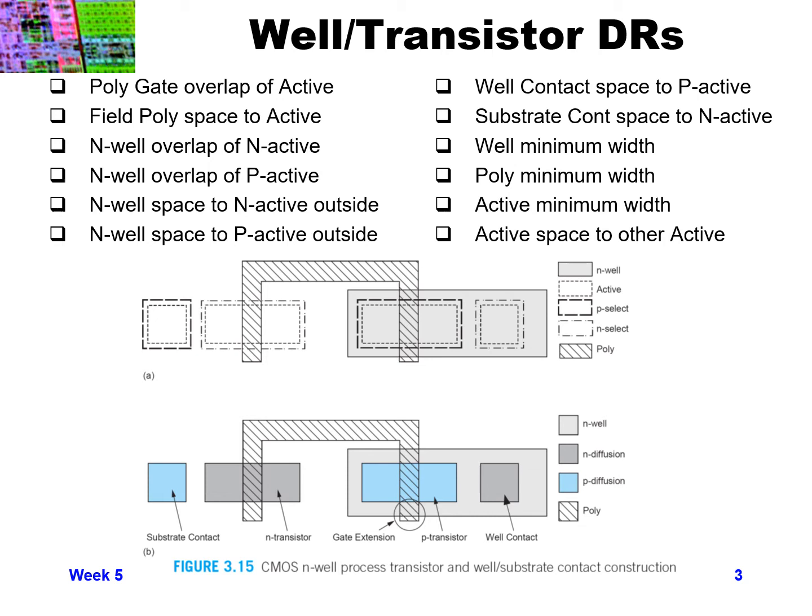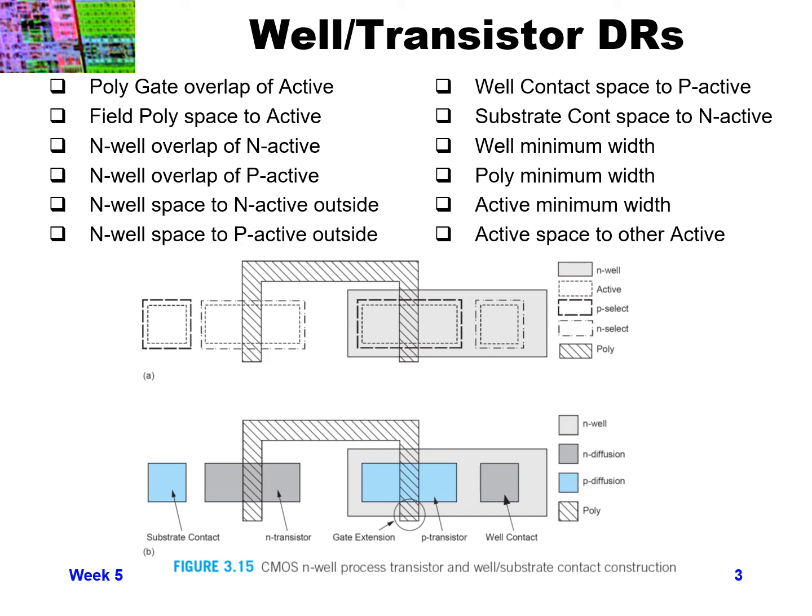You need it to go beyond the active to make sure that if there's any misalignment between your poly and your active region, you won't have your gate ending before it needs to. It has to go all the way across the active. So the poly gate has to overlap the active and extend beyond it by a certain amount.